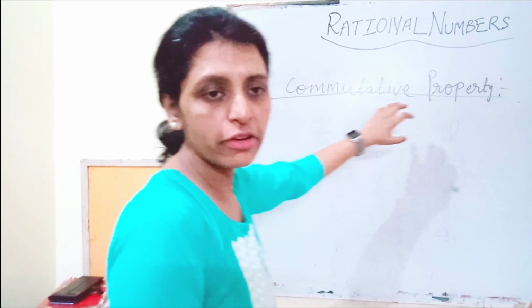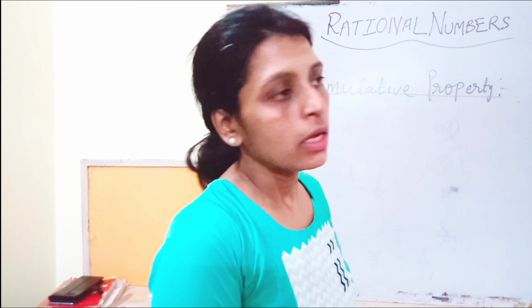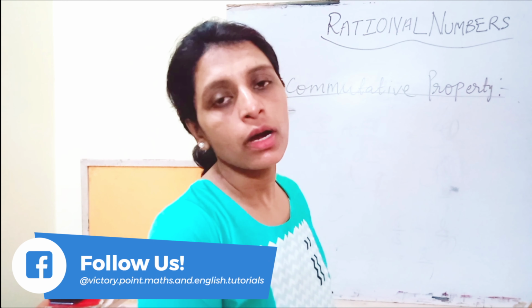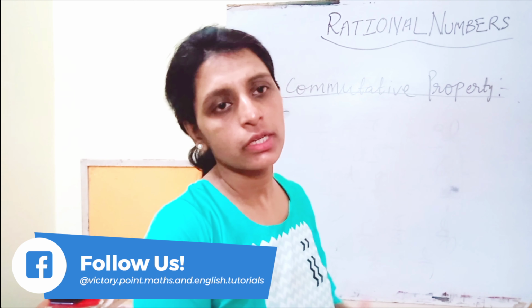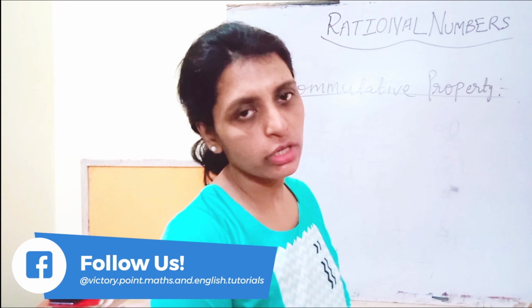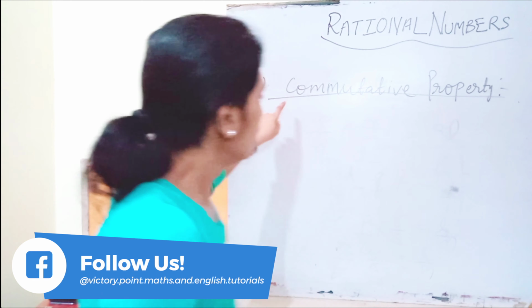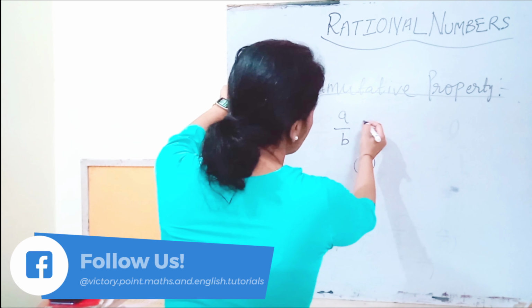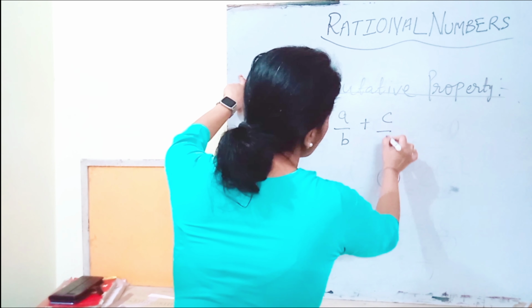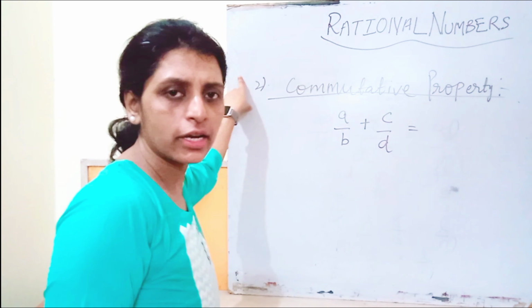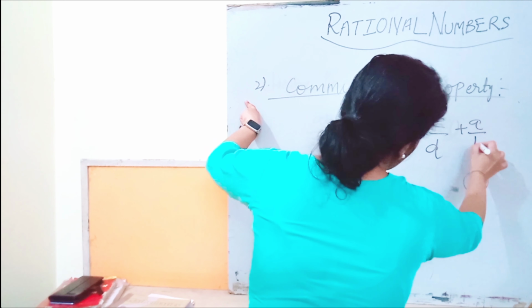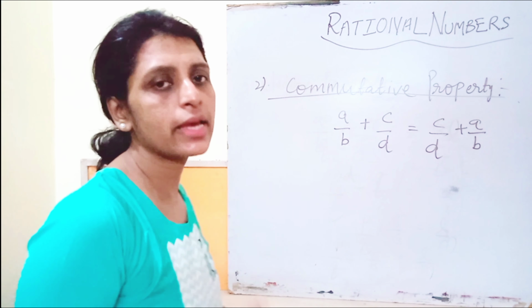Okay? The next property is commutative property. Let's see whether rational numbers hold commutative property under the operation of addition, subtraction, multiplication or division. Okay? So commutative property says that a upon b plus c upon d, or c upon d plus a upon b, the result is the same.